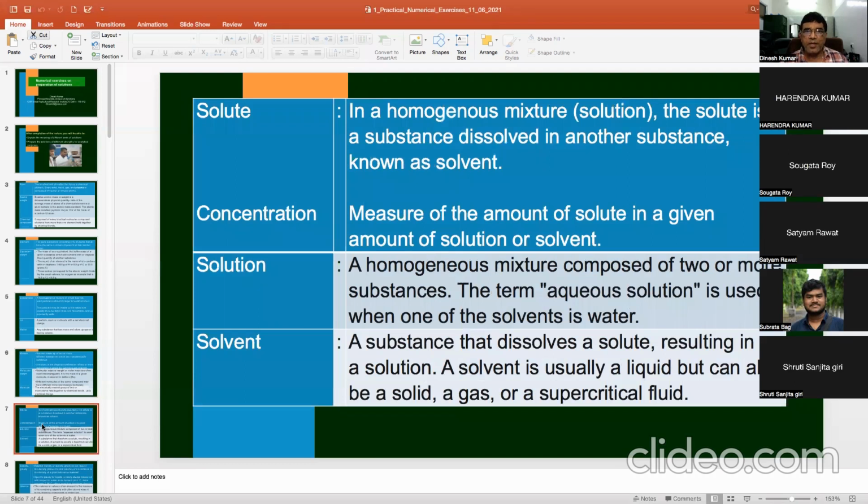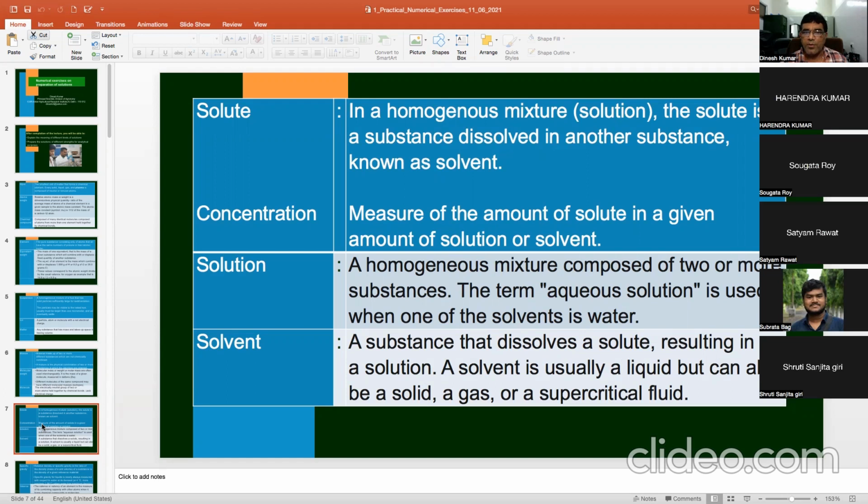Solute, it is in a homogeneous mixture, that is solution. So solution is a homogeneous mixture. The solute is a substance dissolved in another substance known as solvent. So it defines your mixture, your solute, and also solvent. Concentration, a measure of the amount of solute in a given amount of solution or solvent. That is your concentration.